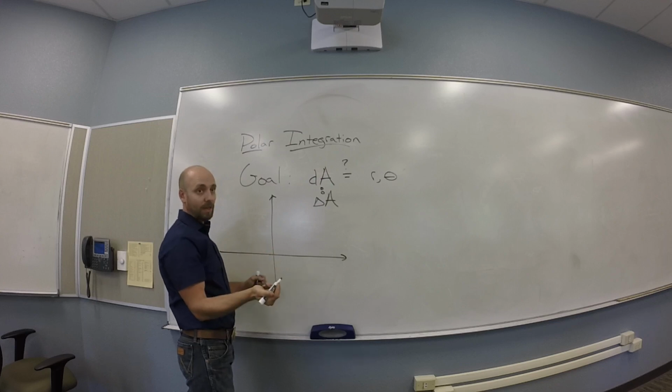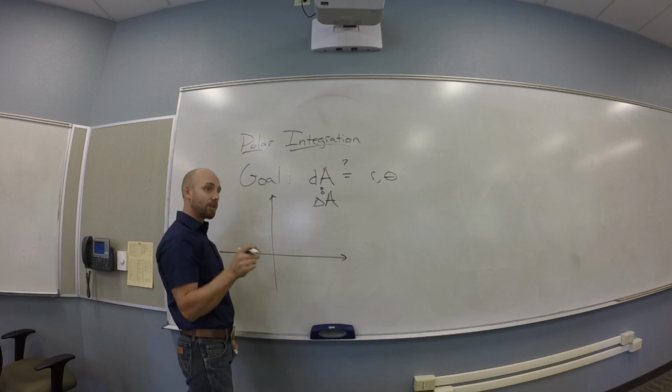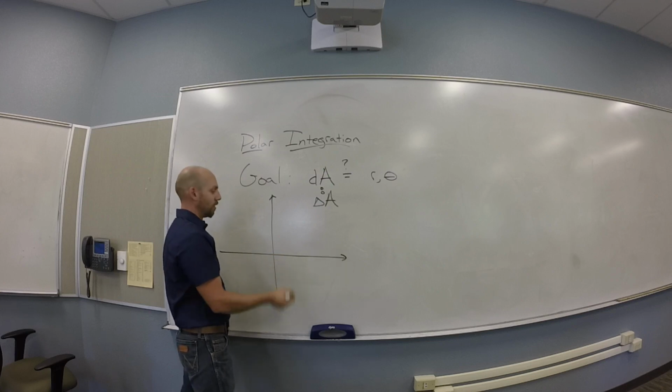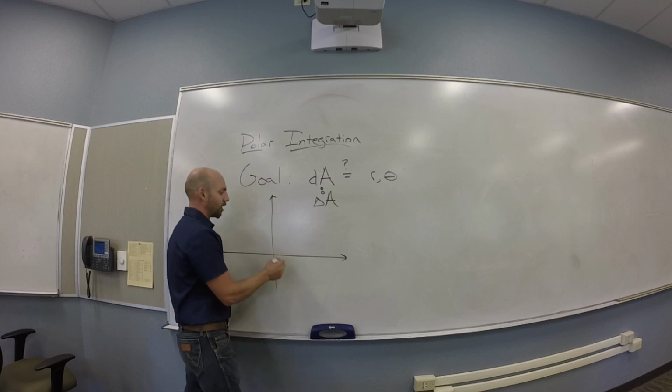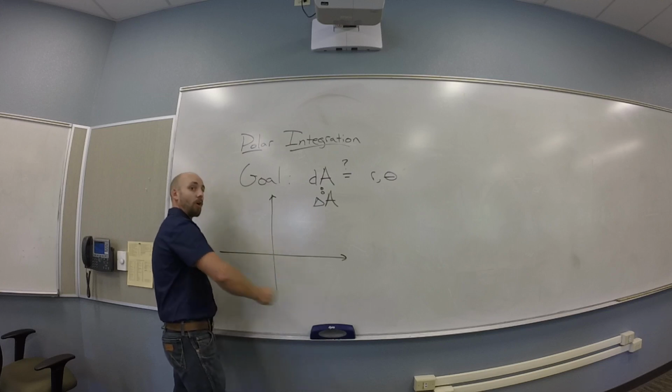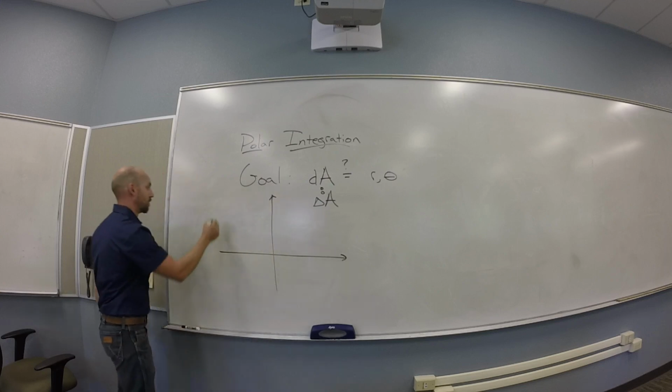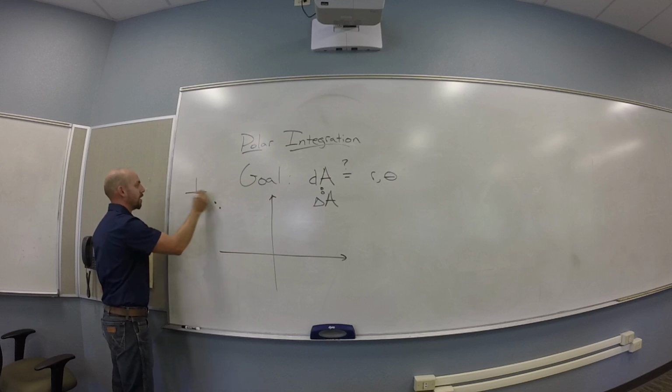Okay, same thing, except I'm going to think about a little change in the radius and a little change in the angle. Cool? So, and I'm not going to draw too much of this. I would draw a whole mess of circles, right? Just a little bit offset from one another. I'll draw that over here.